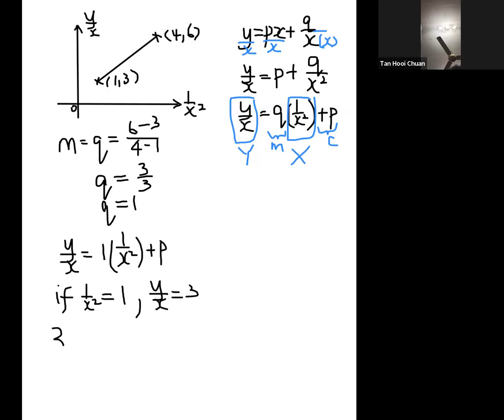So here 3 is 1 plus P. So P is 2 here. These are the first question. Okay or not? If you need it, you can screenshot, and I show you the second one now. Okay, any questions?